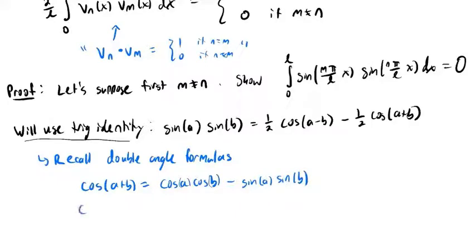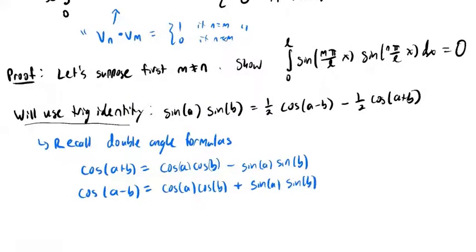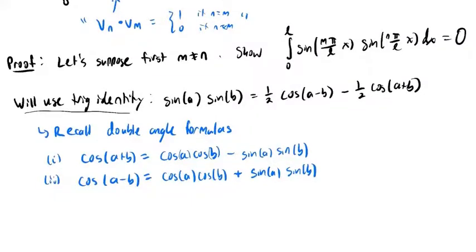And also, if you look at the cosine of a minus b, you're just going to replace b by minus b above. Since the cosine is an even function, this stays the same. And since sine is an odd function, the minus sign gets flipped, and you get this. Let's call this one equation 1, and this one equation 2.